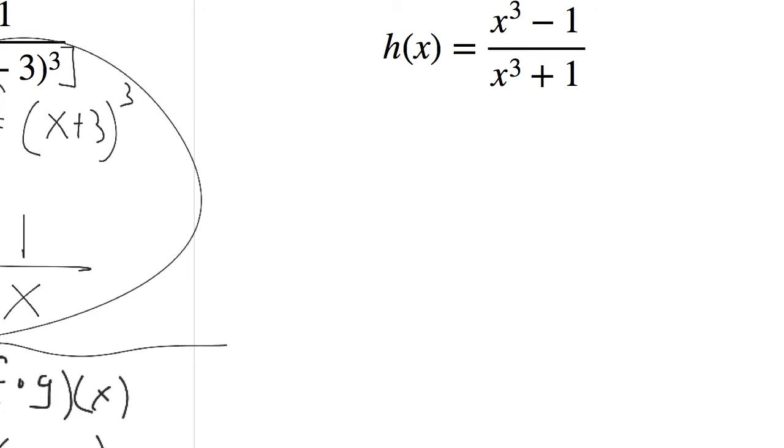So here we have h of x, and PEMDAS is going to be a little tricky on this because there are two places where you can put in a value of x. If you were substituting, for example, trying to find out what h of 3 is, you could plug 3 in to two different places for x, and then you would cube them.